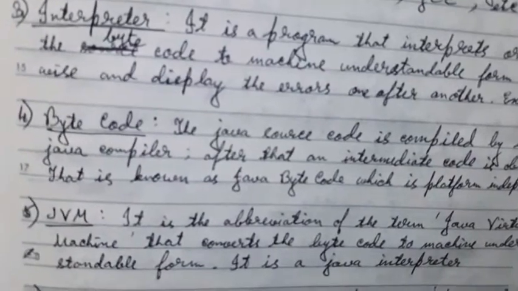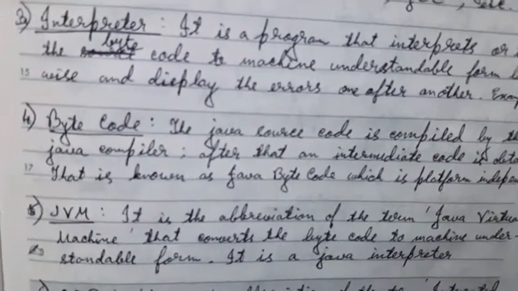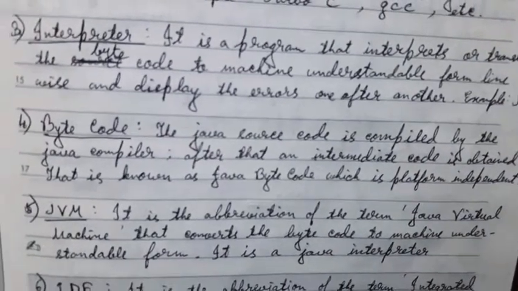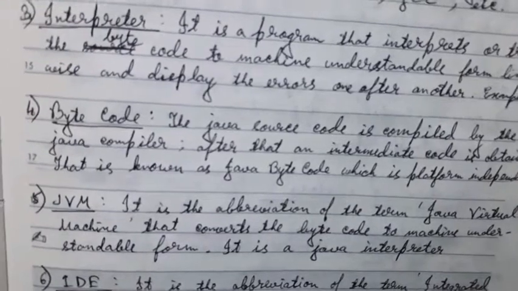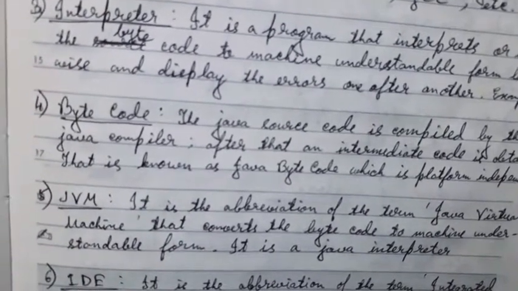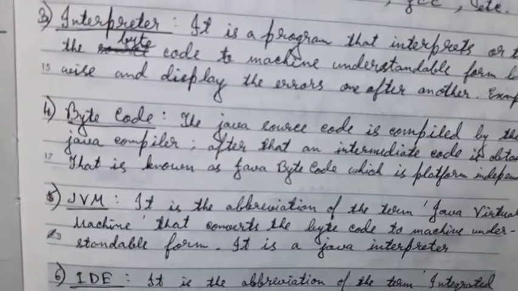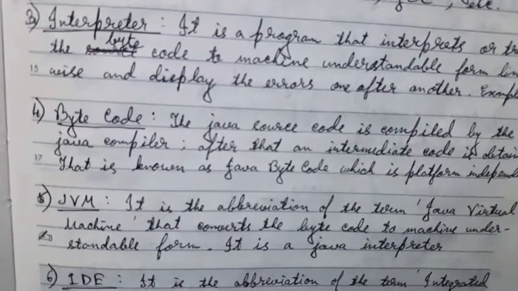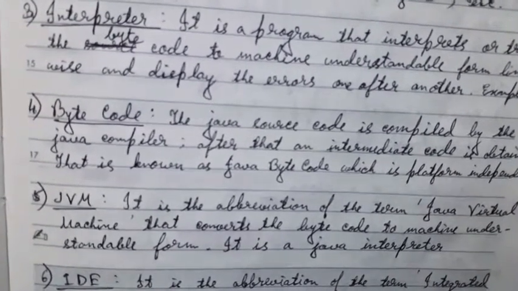Java, then JDK, JRE, everything is free software, so you can download it. If that machine supports Java, then it will run on that machine, but you have to install a JVM in that machine. So what is JVM? It's an interpreter which interprets or translates the Java bytecode to machine understandable form.